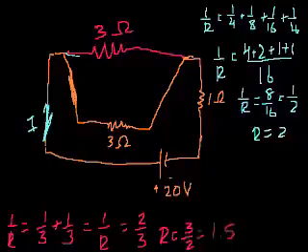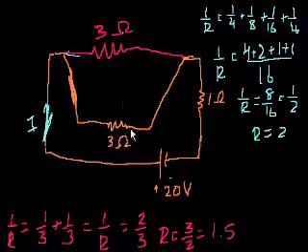Right? So let's erase that and simplify our drawing. So this whole mess, a 3 ohm resistor and another 3 ohm resistor, is equal to one resistor with a 1.5 ohm resistance. And this is actually a good point to give you a little intuition. Even though these are 3 ohm resistors, we have 2 of them.